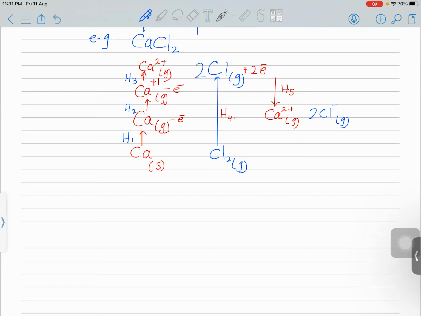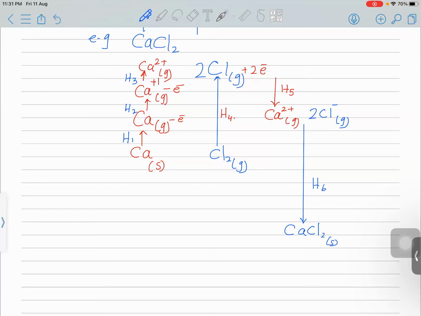Then they form CaCl2 solid. The arrow goes downward. They form CaCl2 solid, and this is H6.